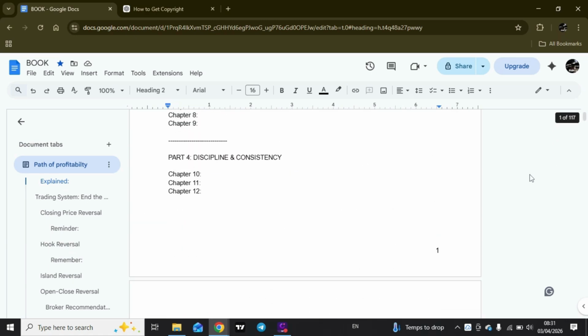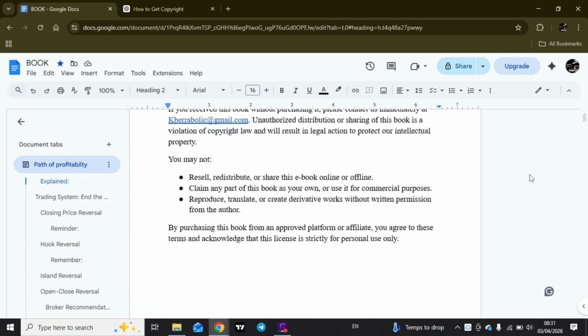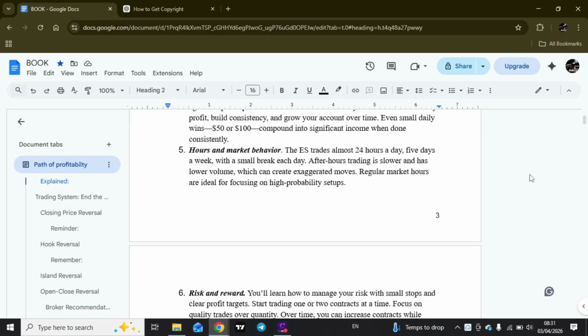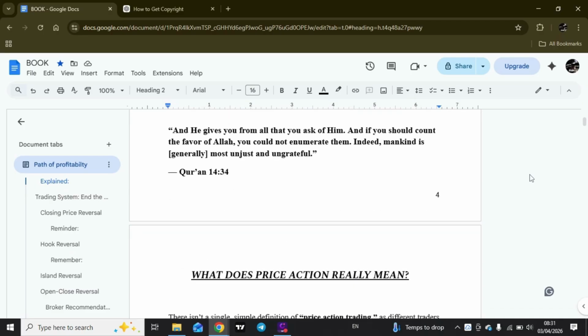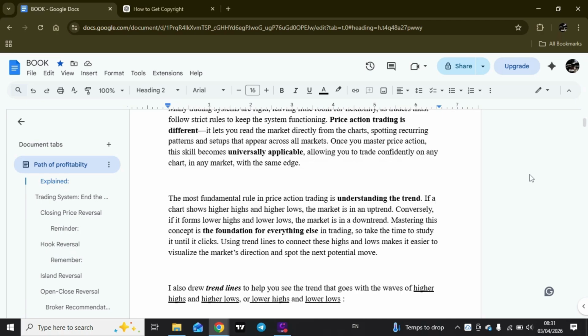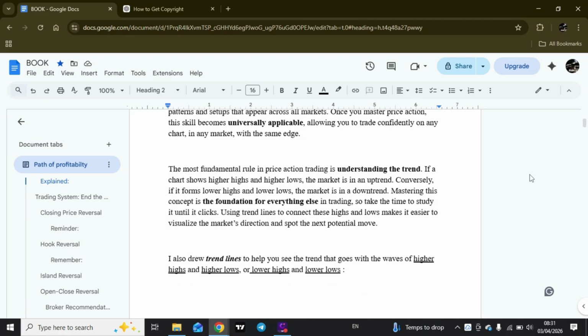You can see it starts from an introduction and copyright, everything, then introduction, price action. What does price action mean? It's a guide for you guys, like a manual. You're going to take this book and read it, put it to work in a simulator, and it's going to make sense in the end. That's what trading is all about.